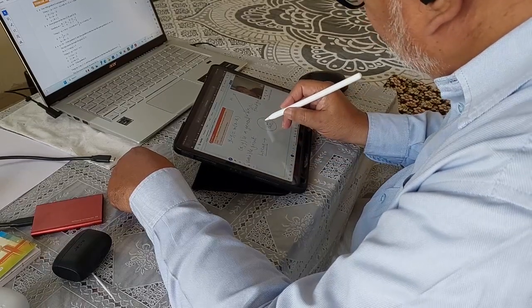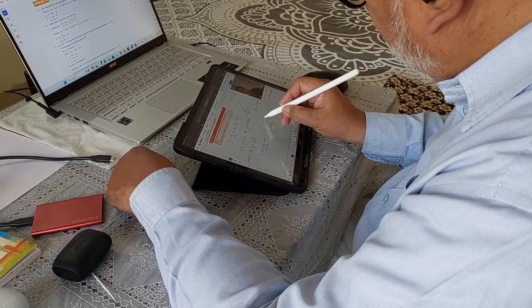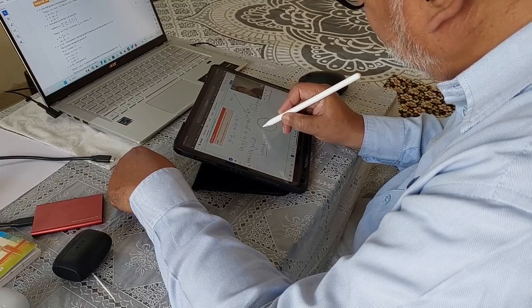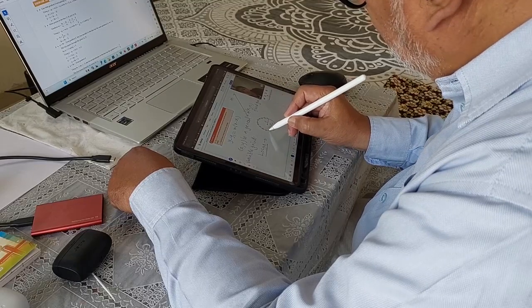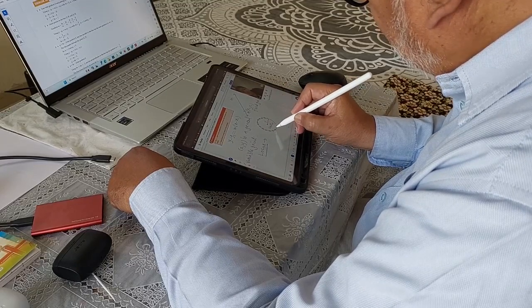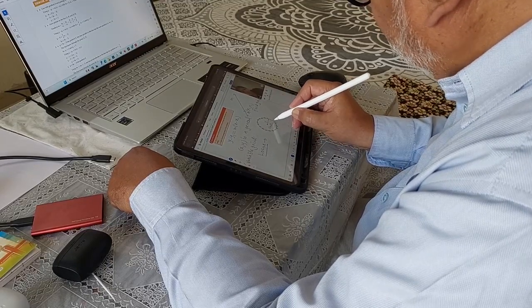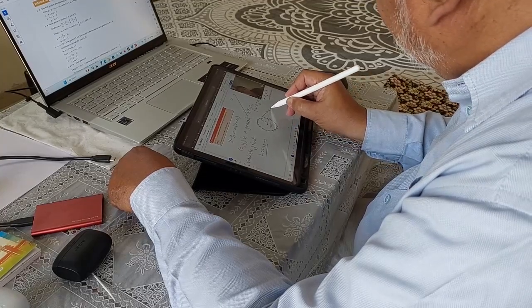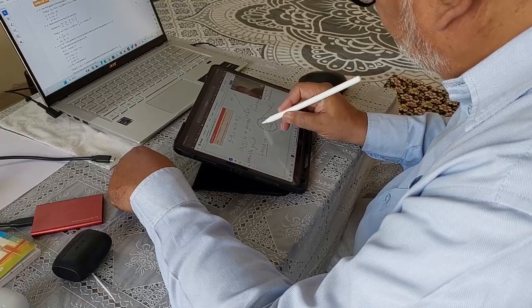So a circle is the set of all the points, infinitely many points, which are at a fixed distance from a fixed point. The fixed distance is called the radius. The fixed point is called the center.